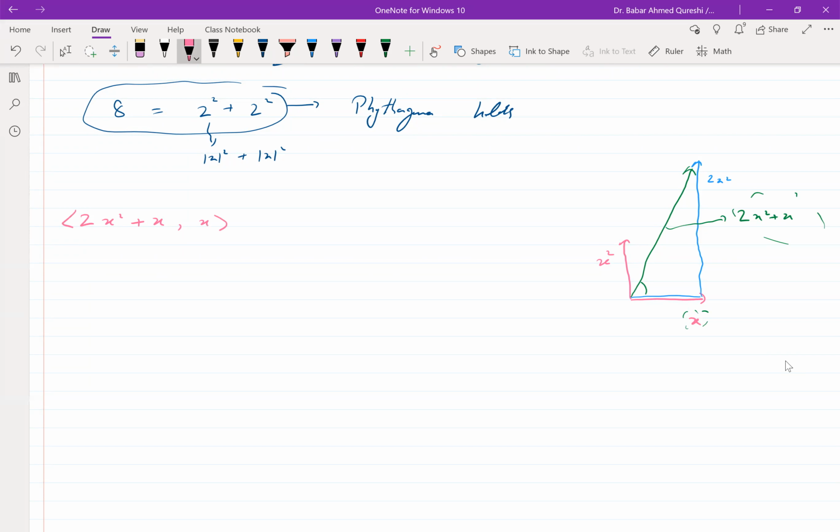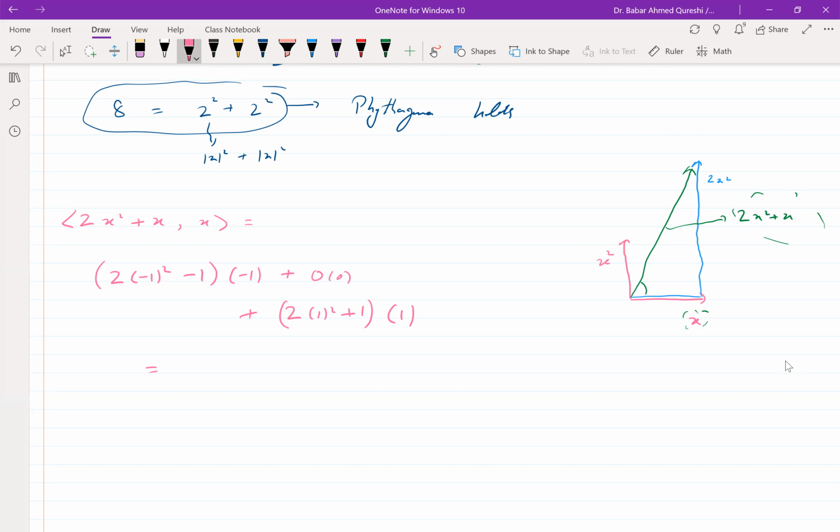So if I compute this, that is equal to -1 times -1 plus 0 into 0 plus 2, 1 square plus 1 into 1.